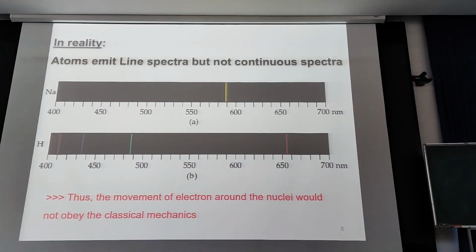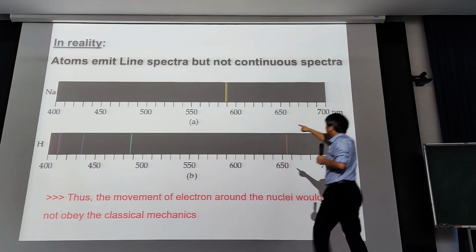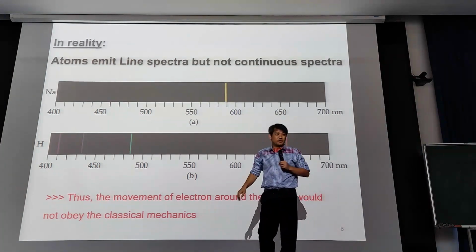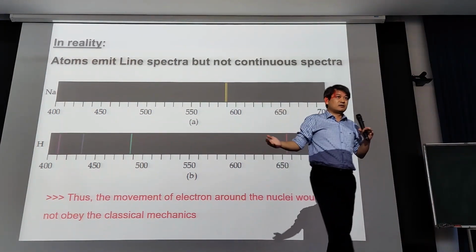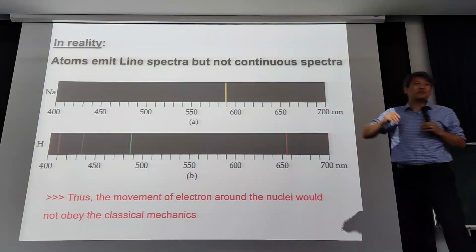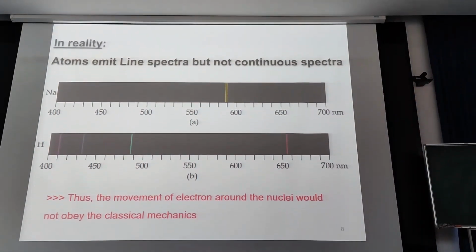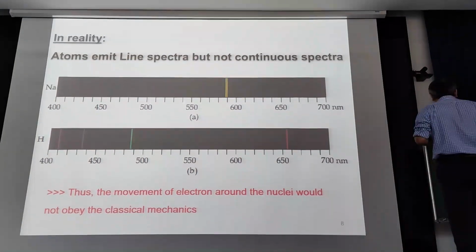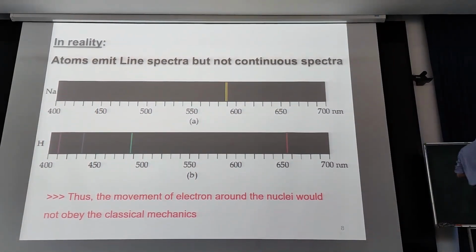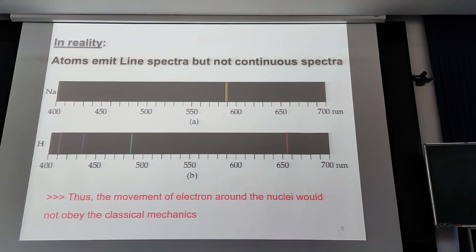So you see that is the second evidence to say classical physics is not applicable for the atom structure. Am I clear in my explanation? Okay? So for the case of sodium, for example, you see only the emission near 600 nanometers. There is no continuous emission. You will not see anything at 400 nanometers. So these are the two pieces of evidence to say that, in principle, classical physics is beautiful, but is not applicable to the structure of the atom.